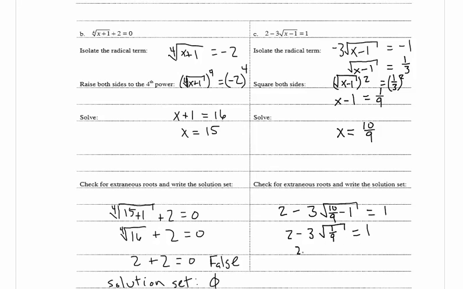And then we have 2 minus 3, and the square root of 1/9 is 1/3, is equal to 1. And now we're going to have 2 minus 3 times 1/3 is equal to 1, and 2 minus 1 is equal to 1, so this is true.